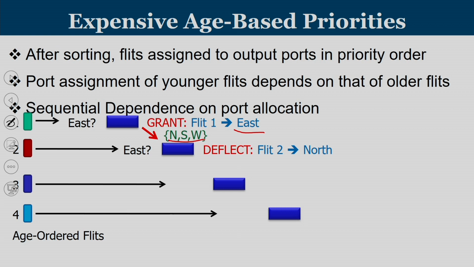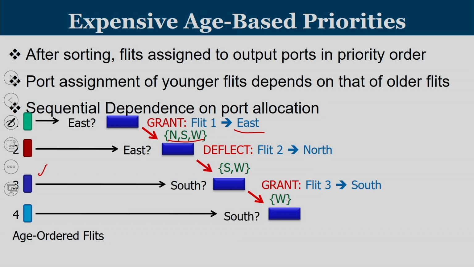Now what is pending is only south and west. Now we consult the next highest priority flit, which is looking for south. Yes, south is available, so that is granted. Flit 3 is given south. Whatever is balance is west. And the last one is looking for south, but no chance, south is no longer available. So I can give it only west.